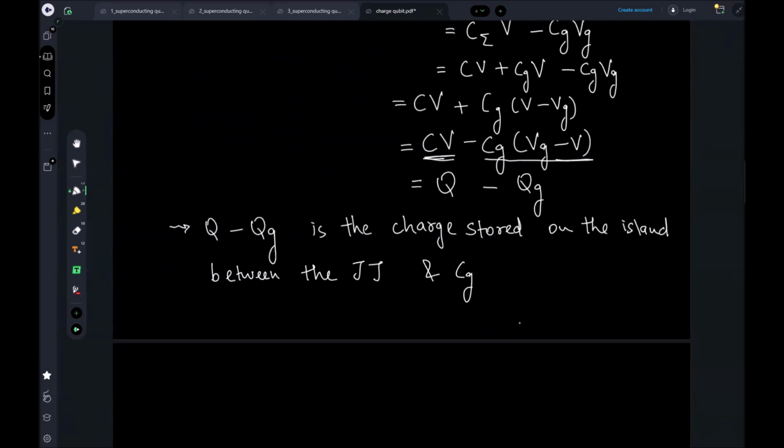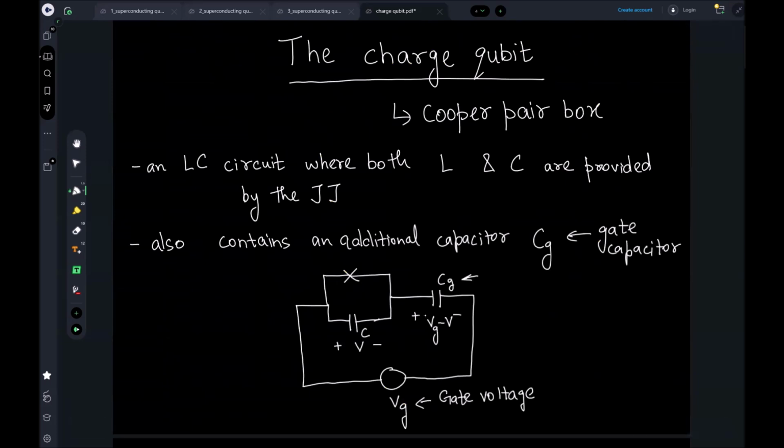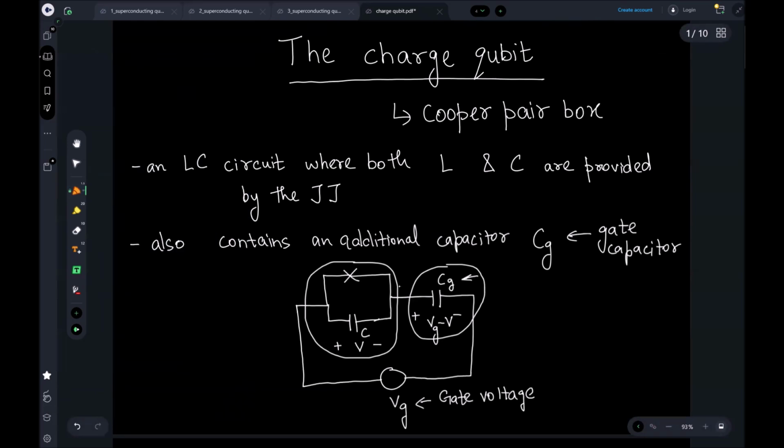So if you ask what exactly is this island, the island is the region between the Josephson Junction, that is this one, and the capacitor CG. So if we take the charge difference, Q minus QG is actually the charge on the island, and the way we define the island is through these dotted lines.